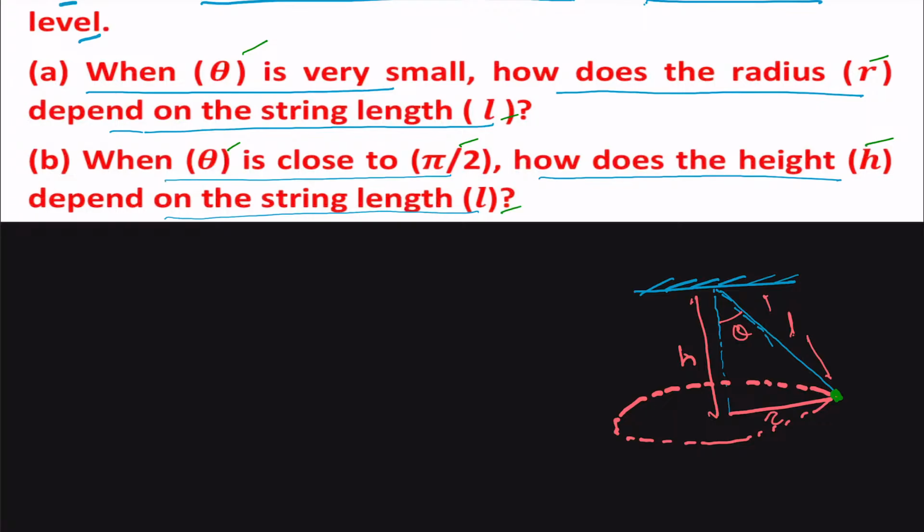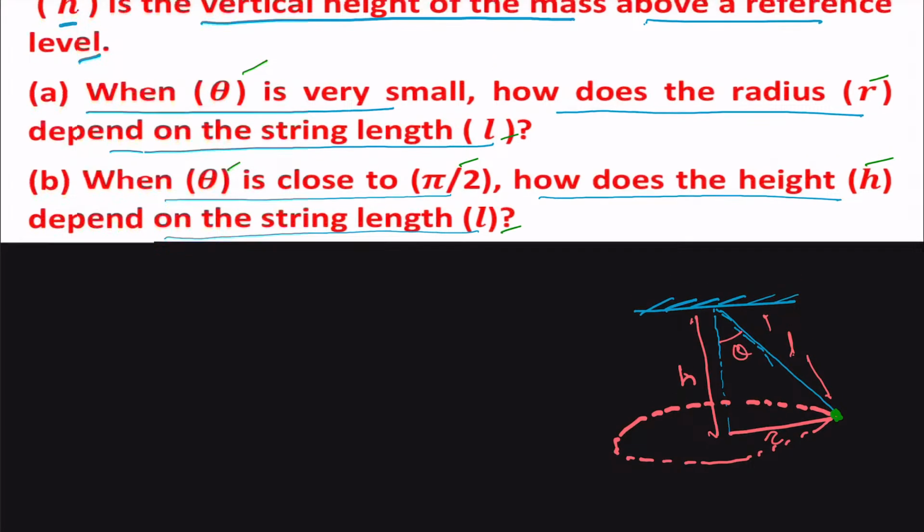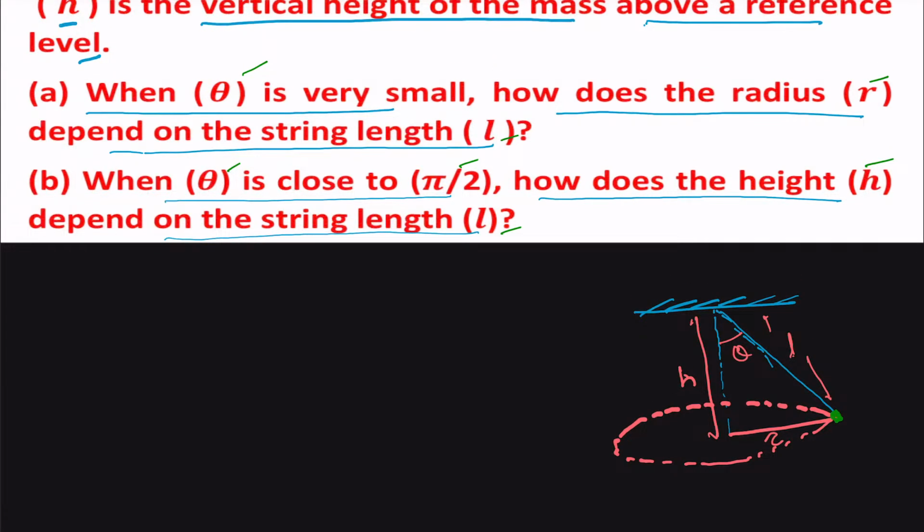So first of all, from the figure itself, we can write that this radius R can be written as L sine of theta, and H, that is height from the base, can be written as L cos of theta.